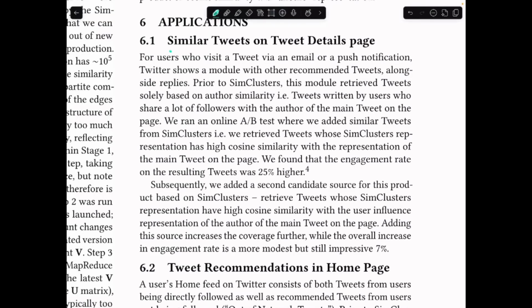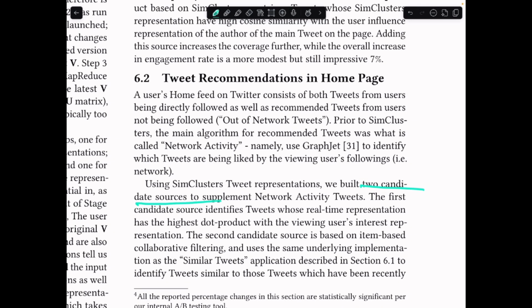Let's talk about how Twitter uses SimClusters. There are essentially two ways they are using it. One way is to use those representations as a candidate source. For similar tweets, it leverages the similarity between two tweet representations, and they did it using ANN search. The other candidate source is from user to tweet.